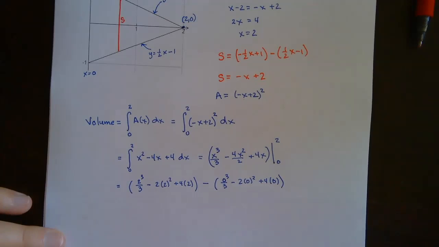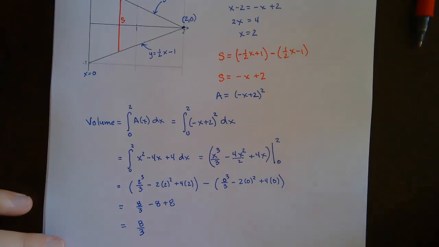That's all going to be 0, so we can ignore it, okay? So then this would be 8/3 minus 8 plus 8, right? And so we would wind up with a volume of 8/3.